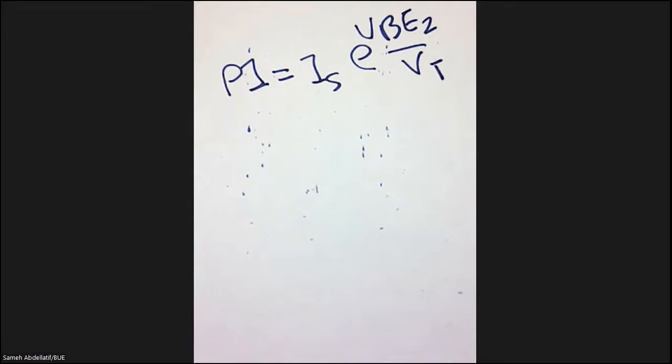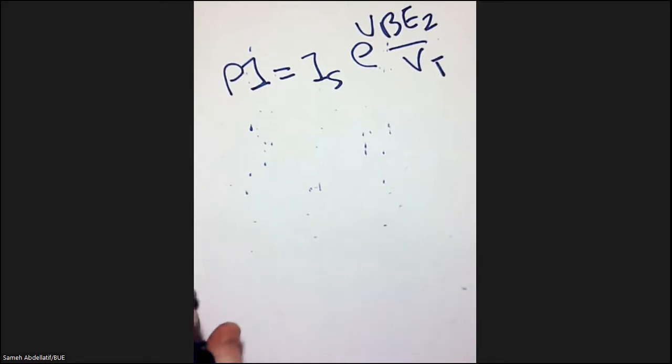Just a hint, please take care that we use the same IS for both transistors, or both diodes, because typically we are considering that these two diodes are identical, of the same material under the same doping conditions. And we use the same VT for both diodes because both diodes are exposed to the same temperature.